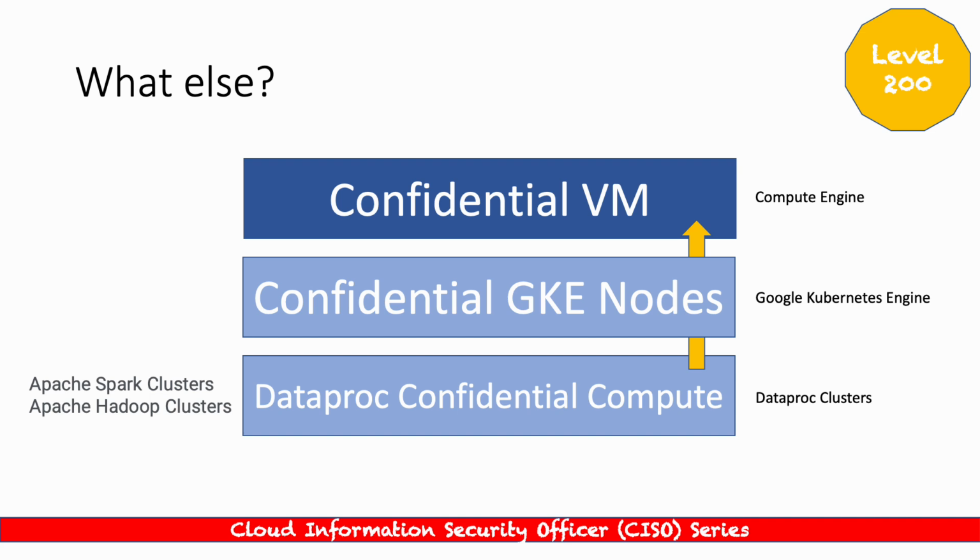These are Dataproc clusters, which consist of clusters of confidential virtual machines. When you think of Dataproc, just a basic 101 here, Dataprocs are basically clusters. They are Apache Spark clusters, Apache Hadoop clusters. That's what Dataproc is in Google Cloud.